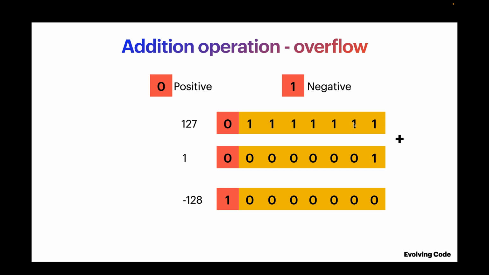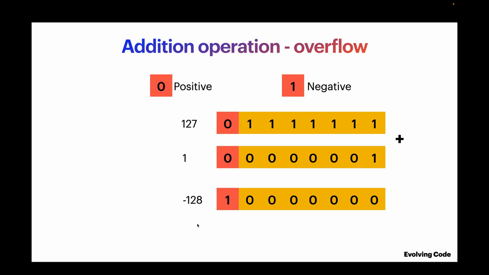Add that, 1 plus 1 becomes 0 with the carry 1. Like that it goes all the way till the MSB becomes 1 and all other values become 0. Now which is the number minus 128. So this way we encountered an overflow because one byte cannot represent positive value 128, so it becomes a cycle.